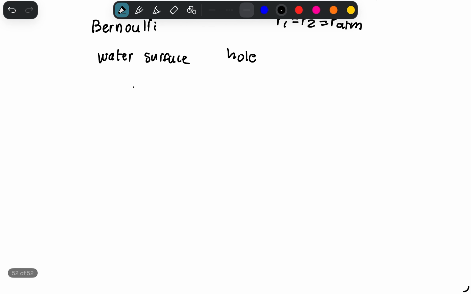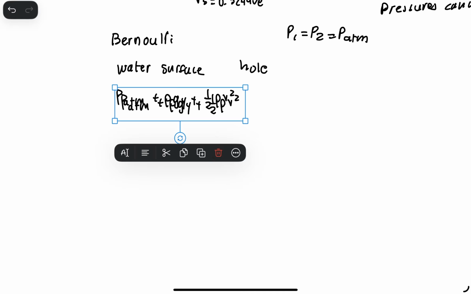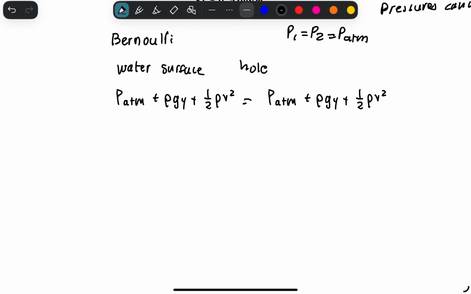So Bernoulli's equation will have, and then this will simplify.